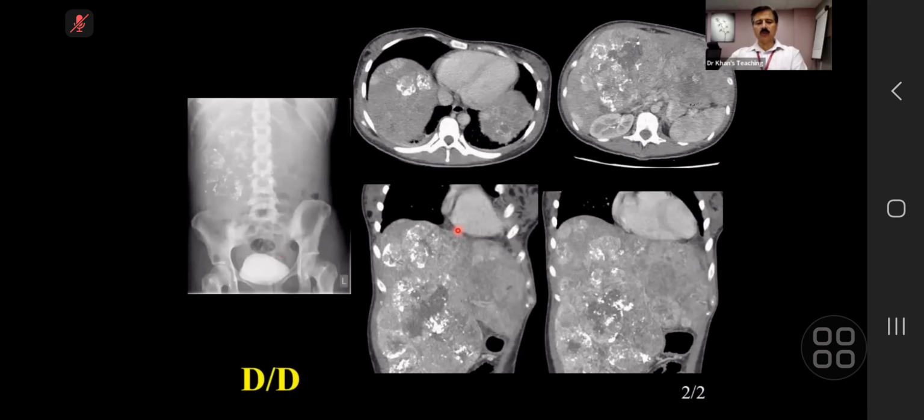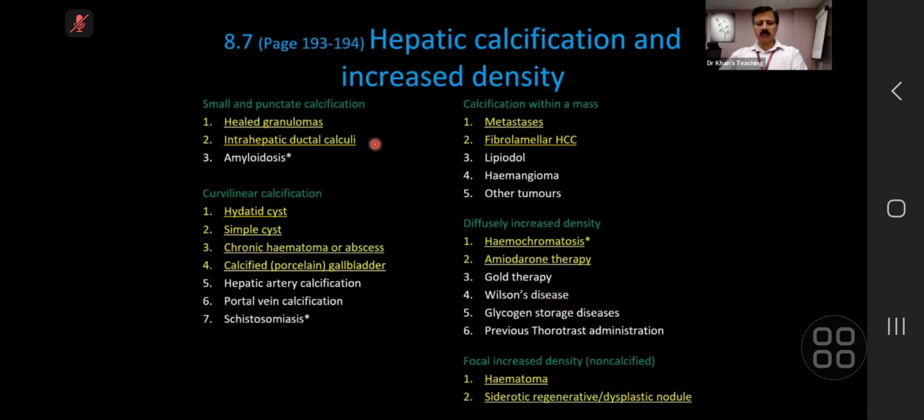And this was actually metastasis post-radiotherapy. They have calcified. You see this metastasis? A calcification within a mass. So it can also happen.